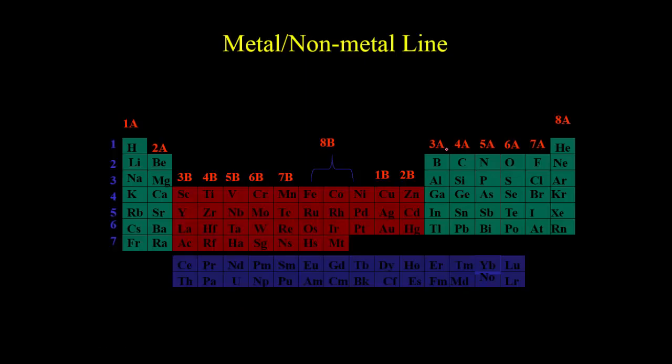So boron, we said, is our first non-metal. This area of the periodic table are the non-metals. The rest of the periodic table are the metals. The line between them is defined right here, between the boron and aluminum.